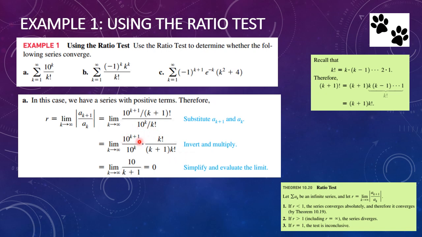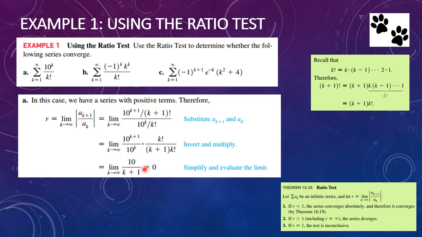Notice here, 10 to the k plus 1 is 10 to the k times 10. So the 10 to the k's cancel out, and we're left with 10 over k plus 1. Because remember, when you multiply exponentials with the same base, you add their exponents. So we can change the numerator here to 10 to the k times 10 to the 1, or just 10.